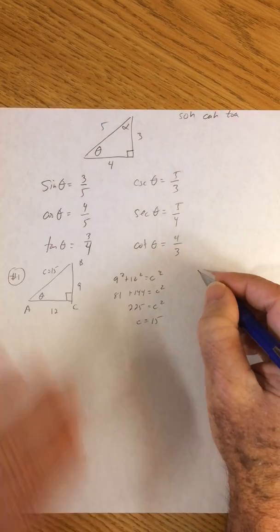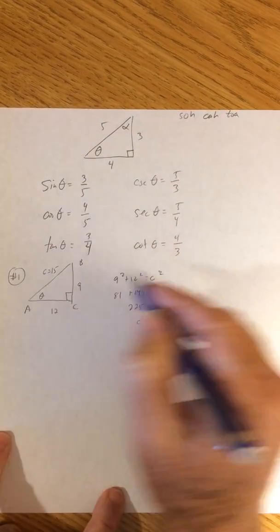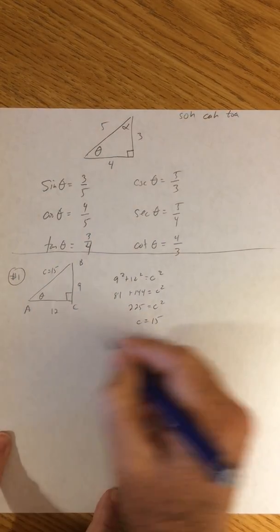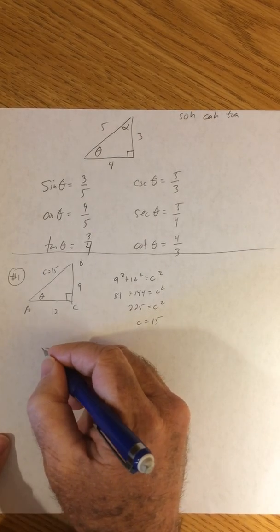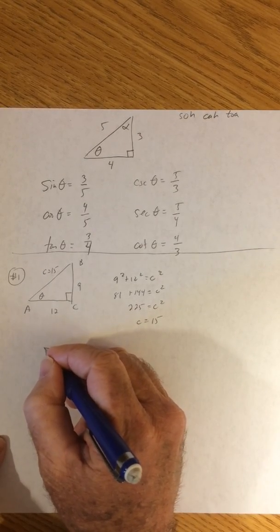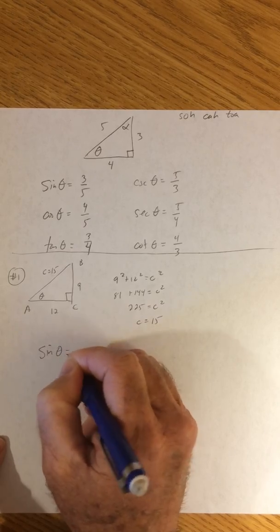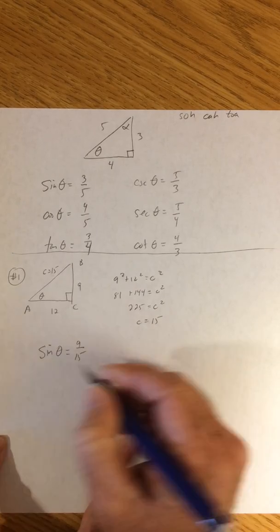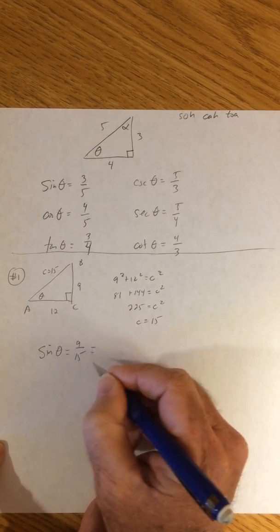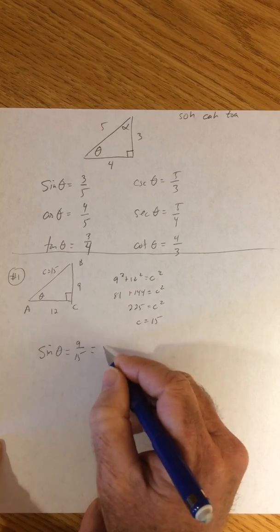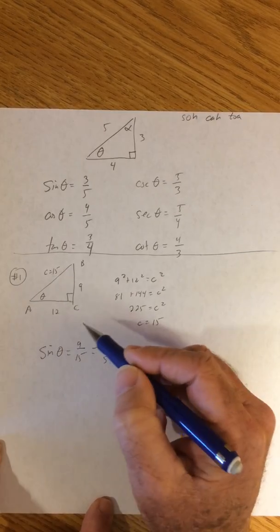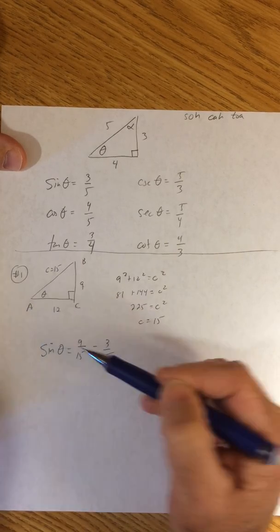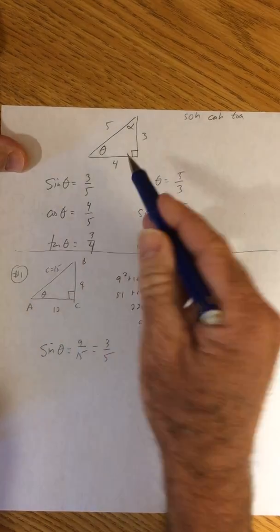Now you are supposed to list the 6 trigonometric functions. Okay, so I'll put them right here. I was asked to write a little bit bigger. Okay, so sine of theta, opposite over hypotenuse, 9 over 15. Now we should be able to reduce that. Both of those are divisible by 3, so I'll write that as 3/5. Some of you may notice that this triangle, 9, 12, 15, is a similar triangle to the one we were dealing with up here.